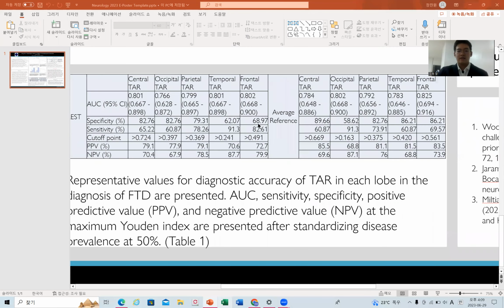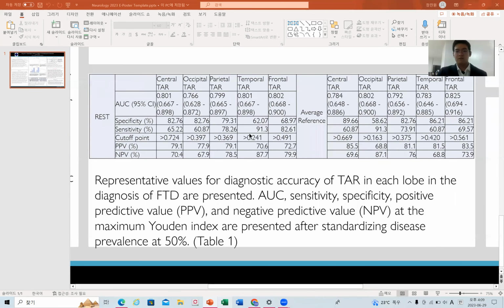And then I measured some representative diagnostic values of these regional indexes of theta and alpha ratio. By using the maximized Youden index, I estimated the area under the curve of the receiver operating characteristic curves, and specificity, sensitivity, cutoff points, positive predictive values, and negative predictive values among all the original electrode indexes.